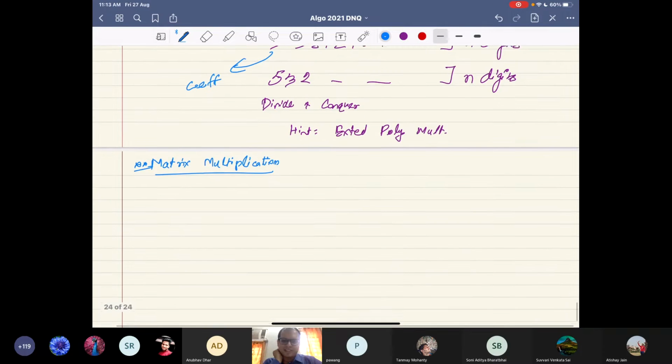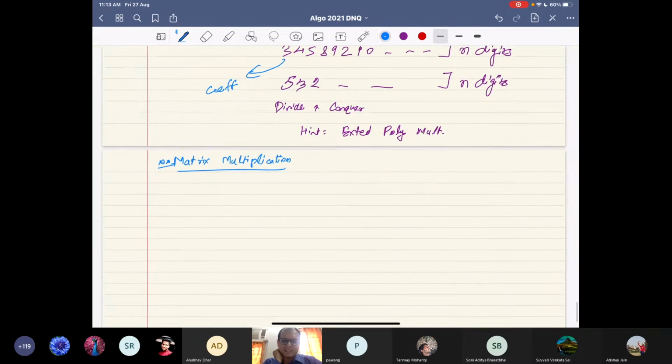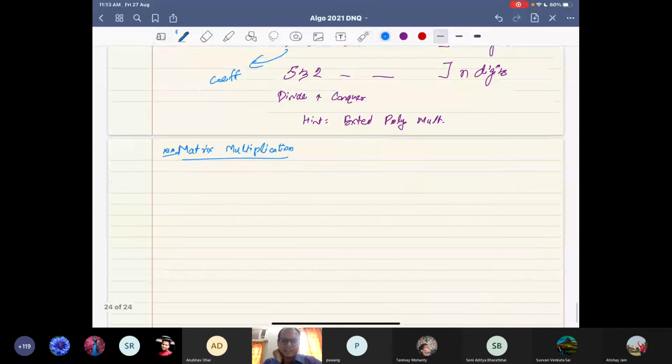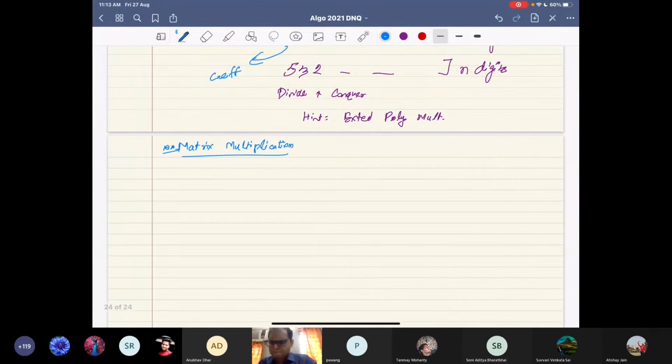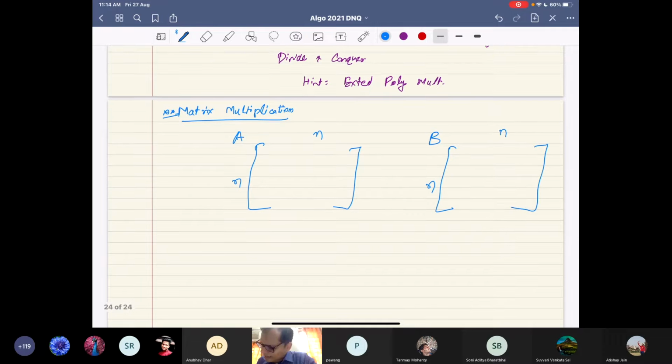So, yeah, I'll come back to this matrix multiplication. But what is the problem? You have two matrices, A and B. Both are n cross n. And you want to multiply them.